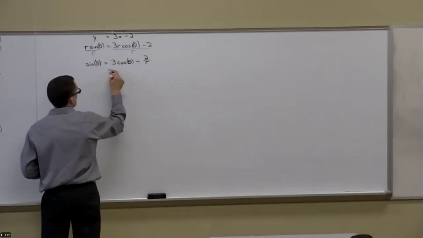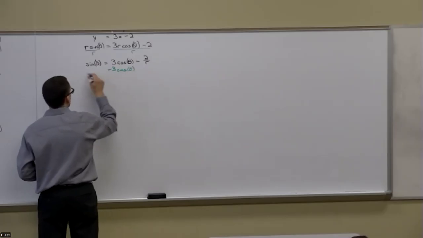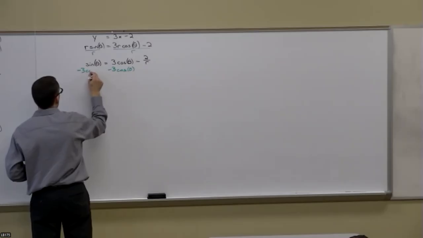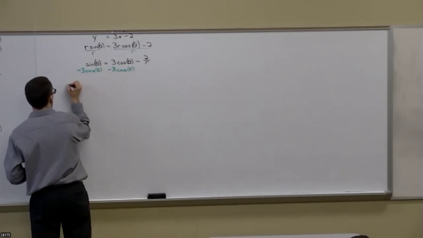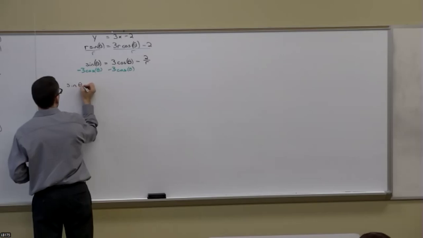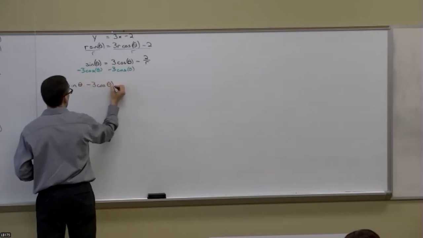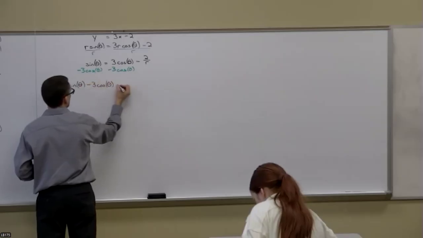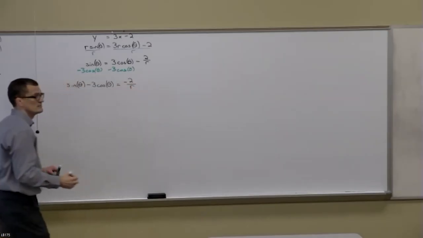And then I could have subtracted 3 cosine theta from both sides. On the left, that would have given me sine of theta minus 3 times the cosine of theta equals -2 over r.